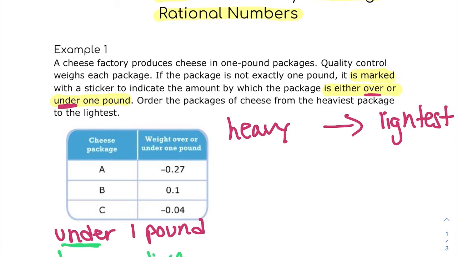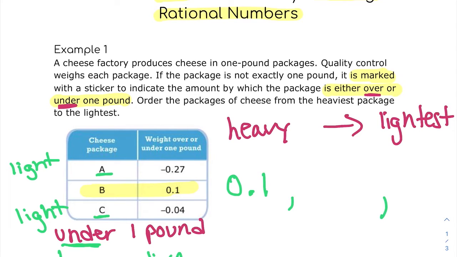Looking at our weights right now, we have 2 packages that are negative, A and C. This means that these 2 packages are under 1 pound, so they're going to be pretty light because they're not even 1 pound heavy. Using process of elimination, our heaviest one is going to be B, 0.1. Now we just have to figure out which one is the lightest between package A or package C.